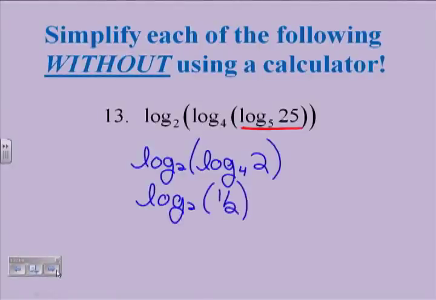And then log base 2 of 1/2. Well, that 2's down in the denominator, so it's -1. Hard to believe the log base 2 of the log base 4 of the log base 5 of 25 is -1. How cool is that?